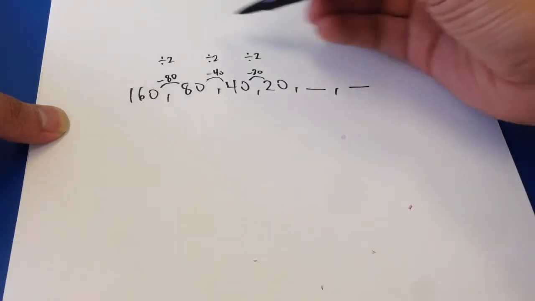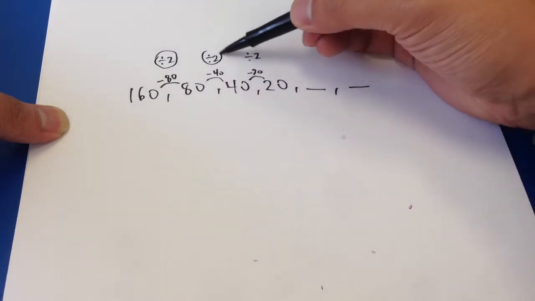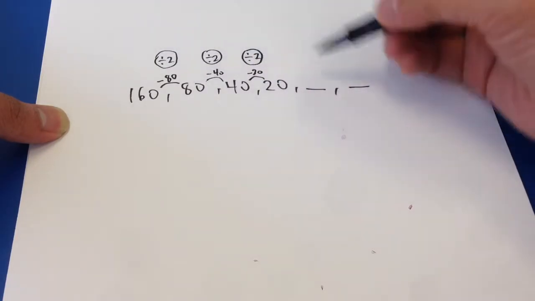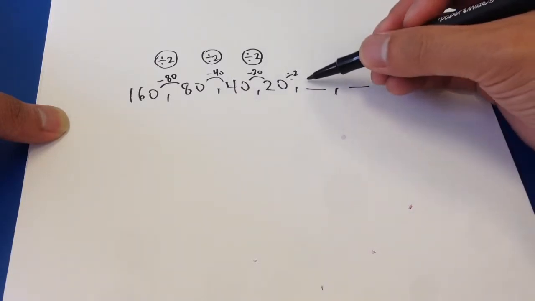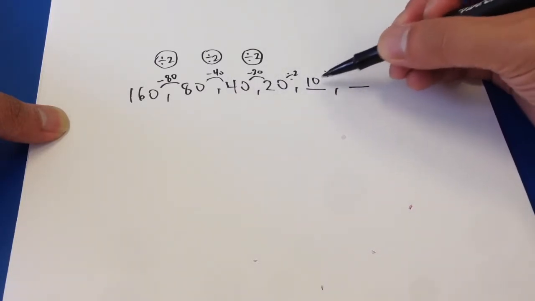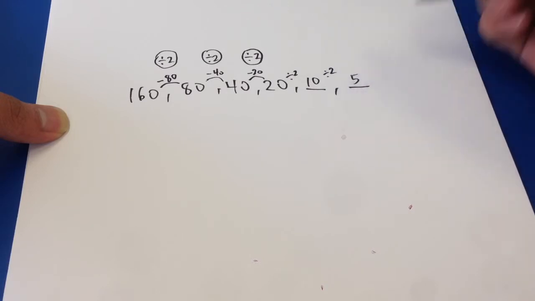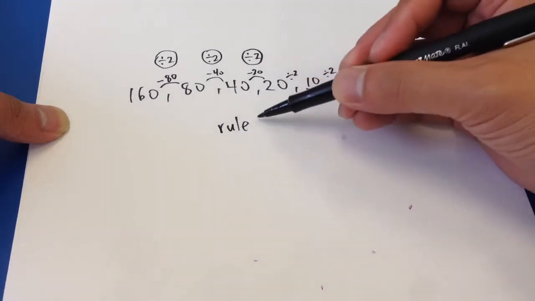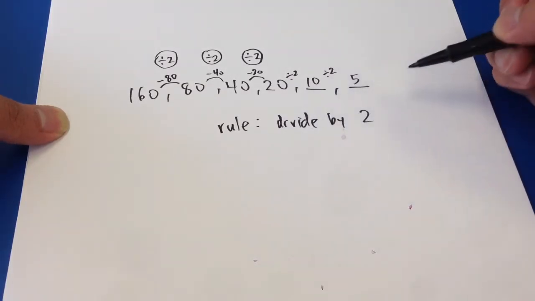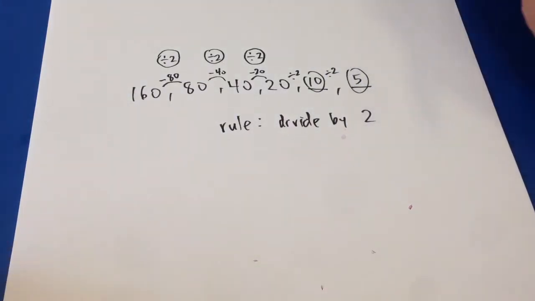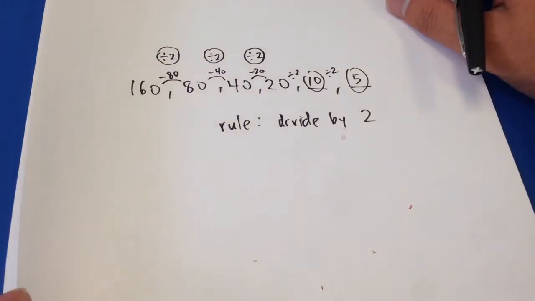So I'm looking for similar patterns here, and I see that divide by 2 they all have in common. So it must be divide by 2. So 20 divided by 2 is 10, and 10 divided by 2 is 5. So my rule must be divide by 2, and these are my next two numbers in the sequence.